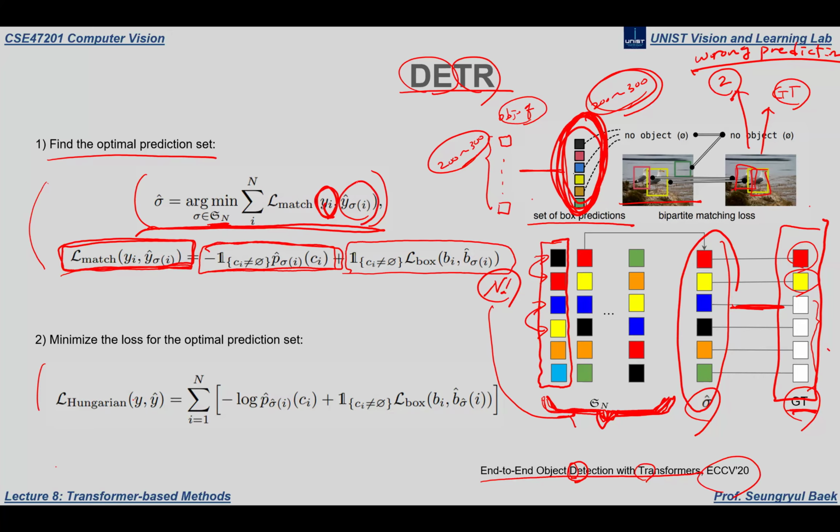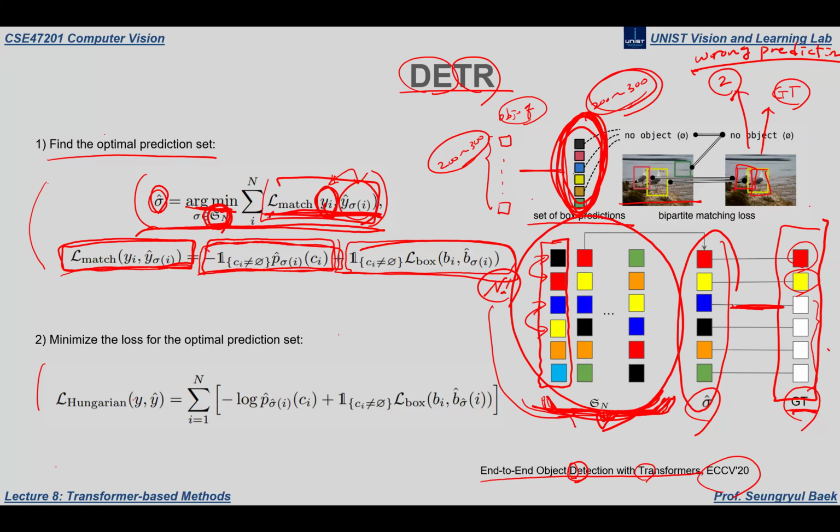So they are comparing ground truth and prediction and measuring their matchiness in two aspects, the probability and bounding boxes. Among all the permutations here, they are finding the best permutation that minimizes the matching cost between ground truth and prediction. Are you following this?